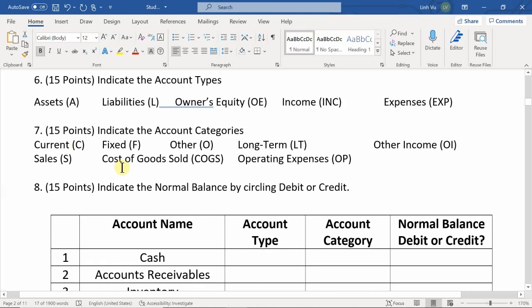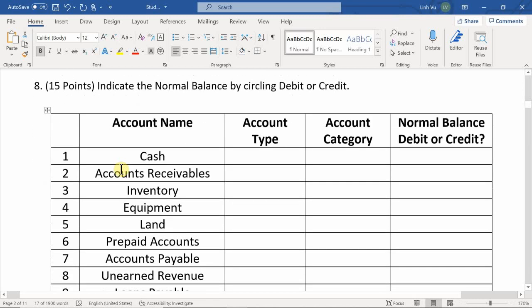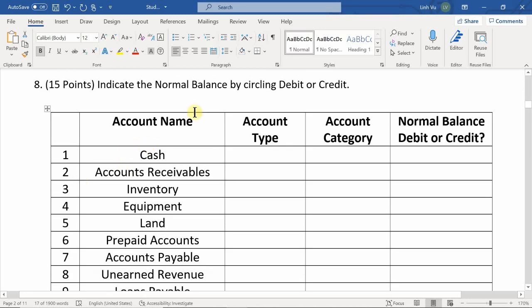When you take your exam, they will be broken into individual ones with a description, so it will look exactly like the exercises. It will have a column for the account name, a column for the description, and then 3 blank columns: the account type, category, and normal balance.